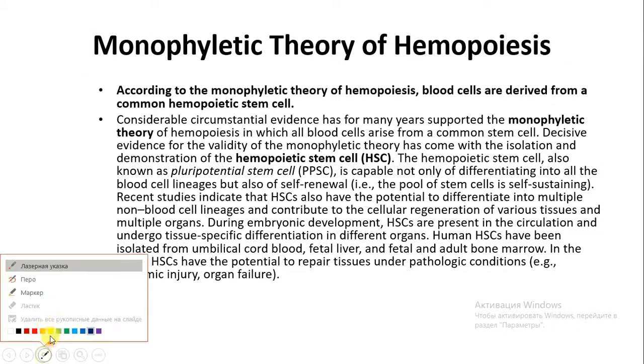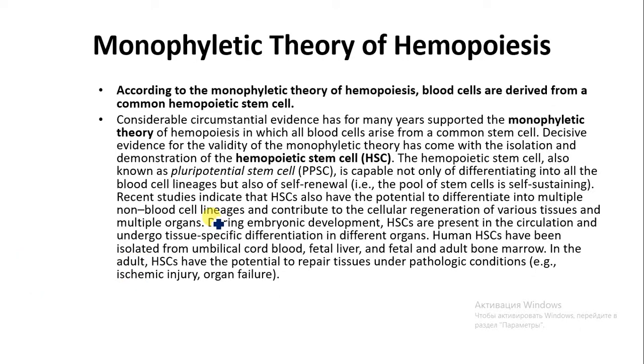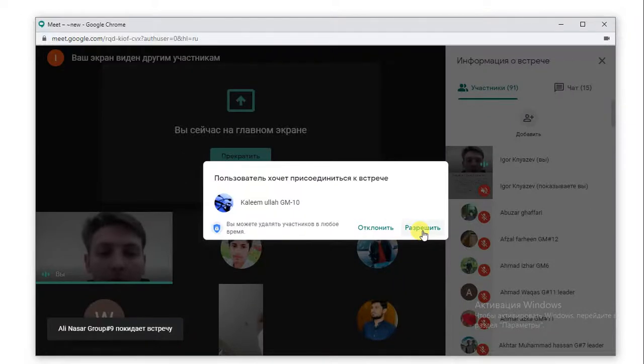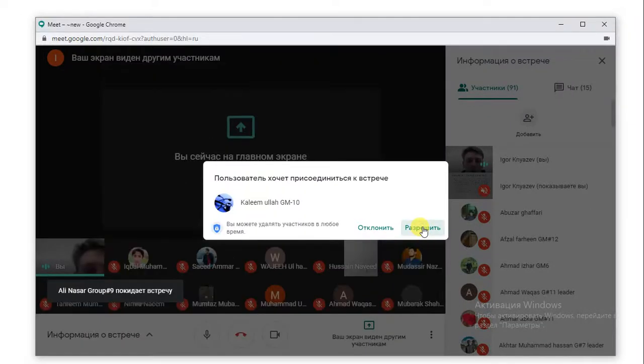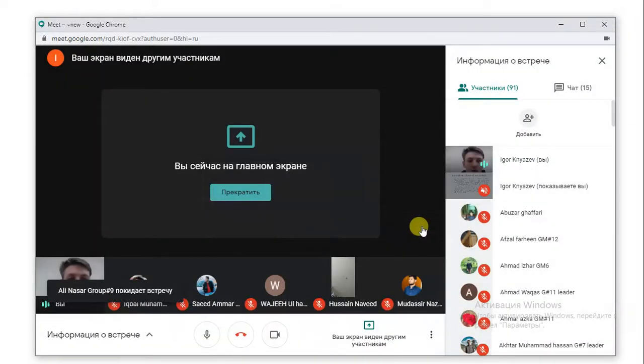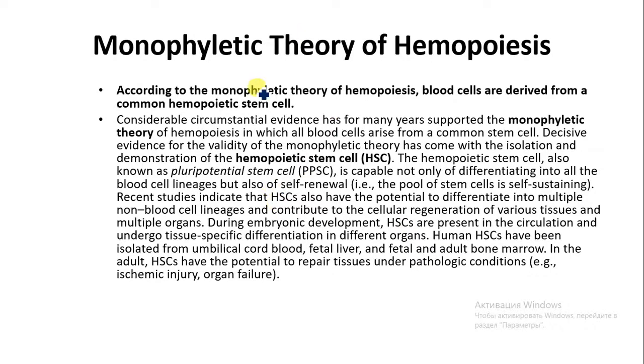Monophyletic theory of hemopoiesis is a theory which established the understanding of this. Monophyletic theory says that we have only one cell, this hematopoietic stem cell, which finally forms all cells of blood.